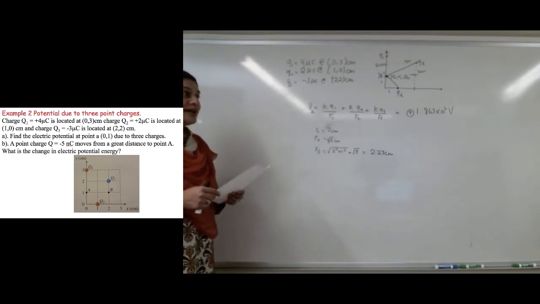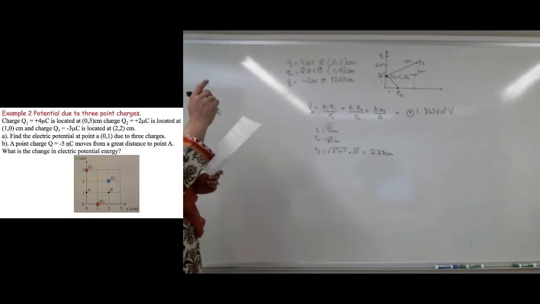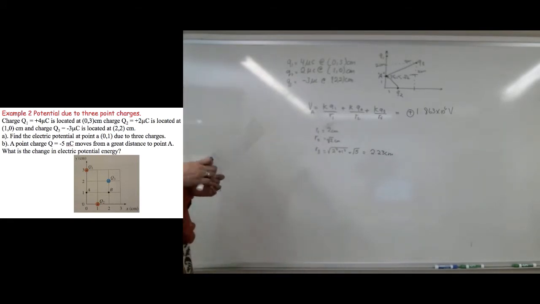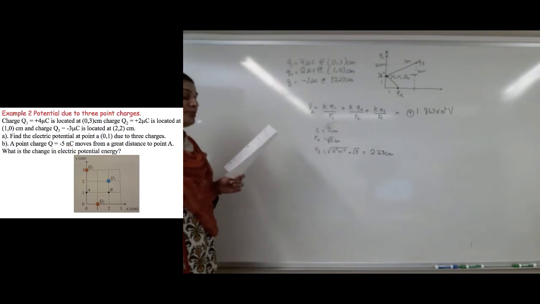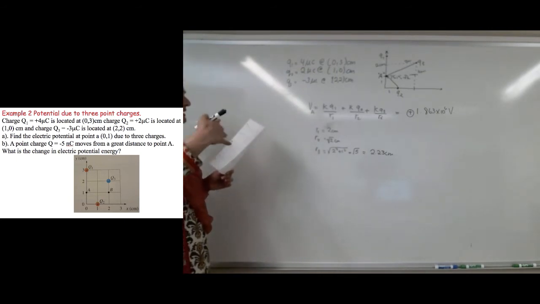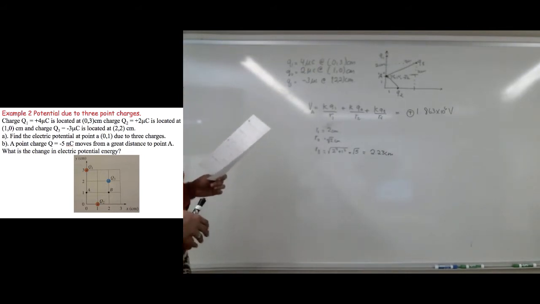The reason is that if this sign is positive, it means point A has positive potential energy. So to bring a positive charge from infinity to point A, potential energy must be increased, hence positive work must be done by an agent bringing the charge.